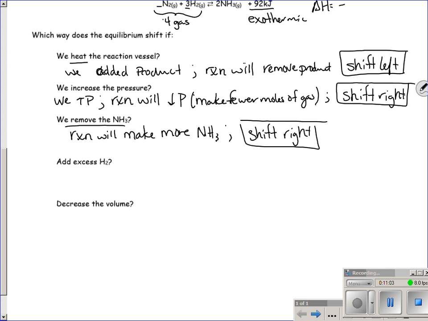If we add extra hydrogen, we added a reactant. According to LeChatelier, the reaction will do the opposite. The opposite of adding a reactant is making a product. And in order to make more products, the reaction has to run in the forward direction. That is what we call a shift right.